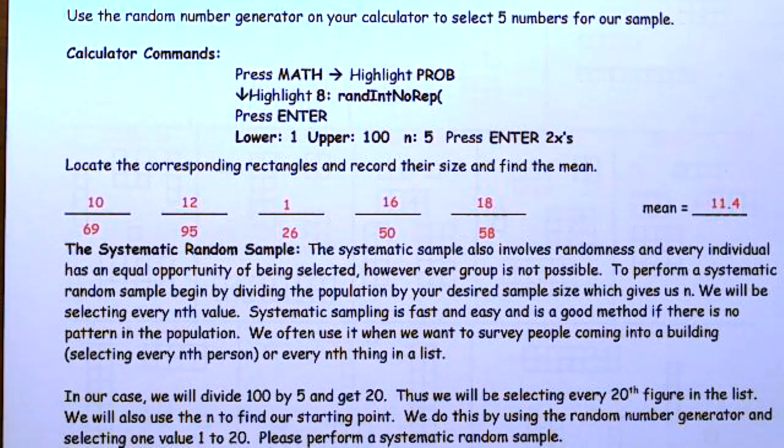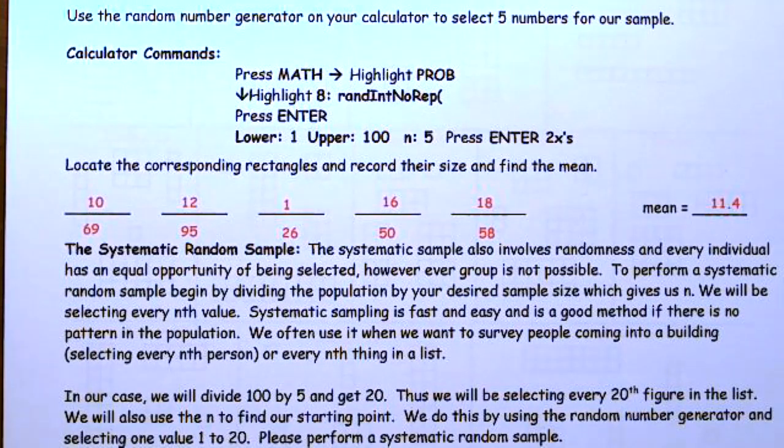The systematic random sample, on the other hand, we randomly choose the first number, all right? So with a systematic random sample, every individual has an opportunity of being selected prior to us beginning our process.